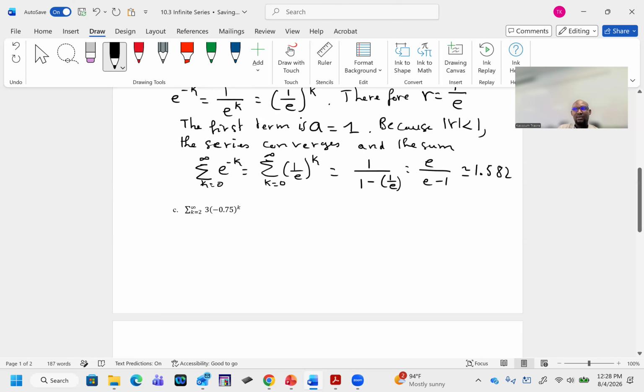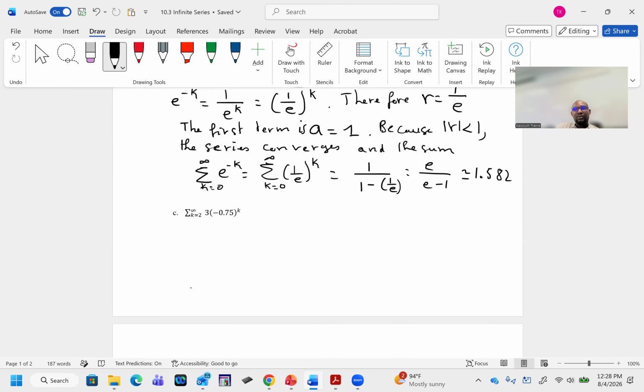So C, if I'm doing C, the rule will not change, okay? We can see in this case, the sum from k equals 2 to infinity of 3 times negative 0.75 to the power of k.